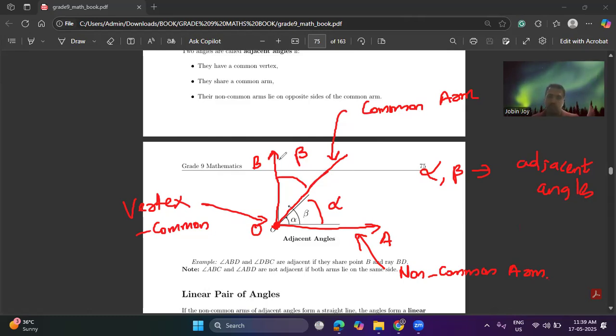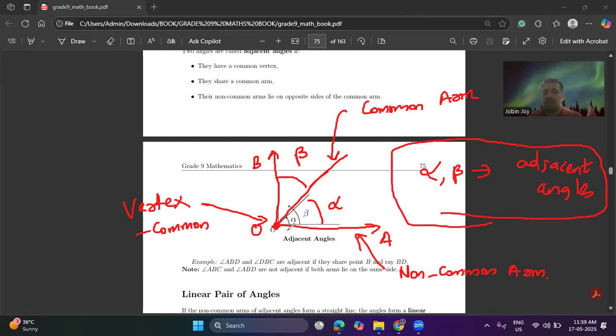Similarly, this non-common arm also lies on the opposite side of this common arm. Then we call these two angles adjacent angles. Okay, once again, if there is a common vertex, if there is a common arm, and the two non-common arms lie on the opposite side of the common arm. If these three conditions are satisfied, then we call these two angles as adjacent angles.